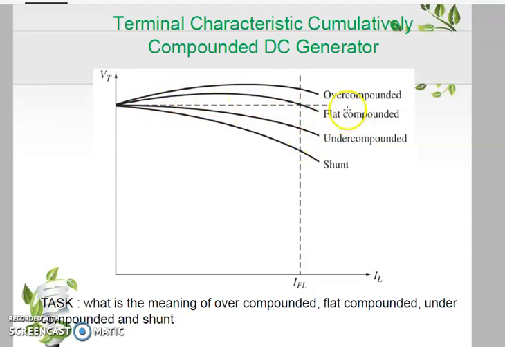If overcompound, the voltage will increase, and the higher the load you put in, the higher the voltage generated. So the best are your flat compound and also undercompound. What is the meaning of overcompound, flat compound and undercompound? Try to find out the meaning of these terms.